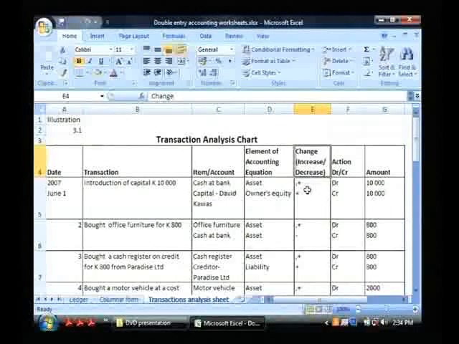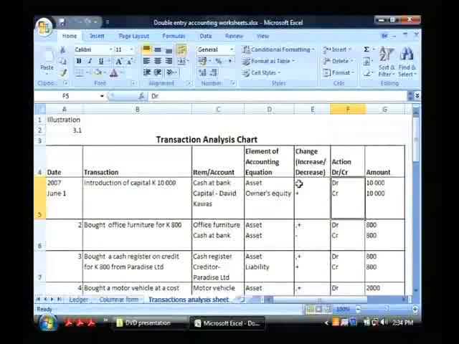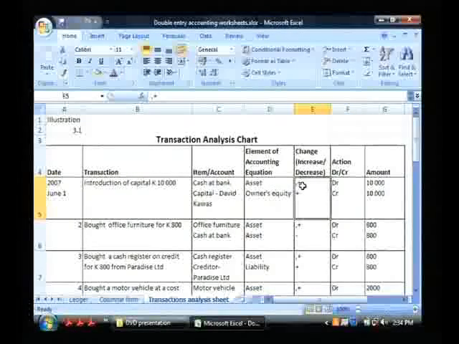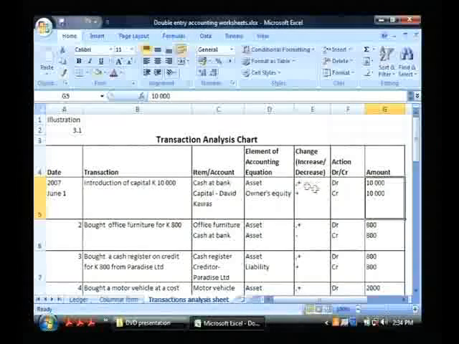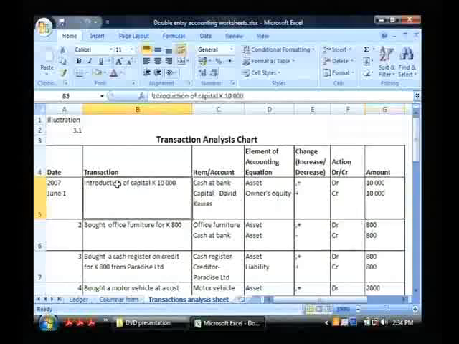Then whether it is increase or decrease we have to indicate here, and then the action to be taken. Action means debit or credit. So these increases and decreases will help you to identify debits and credits, and the final column is the amount column. It is basically given as part of the transaction.